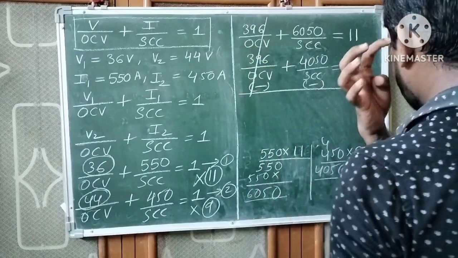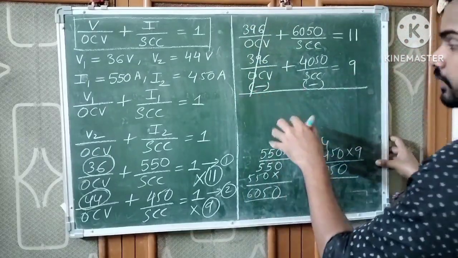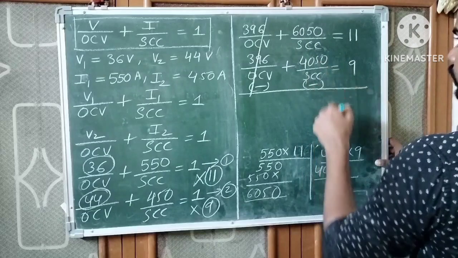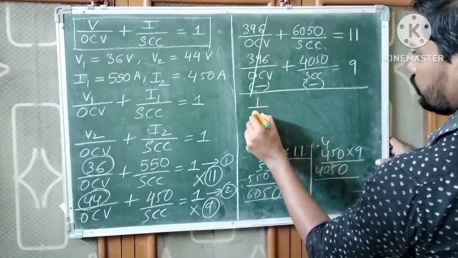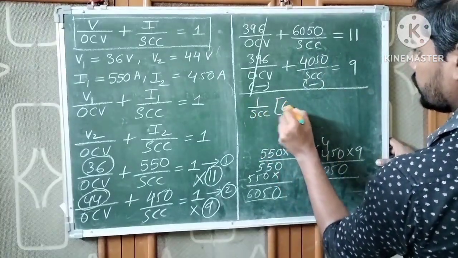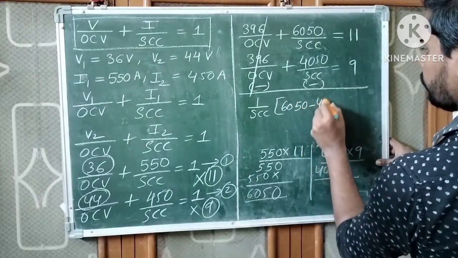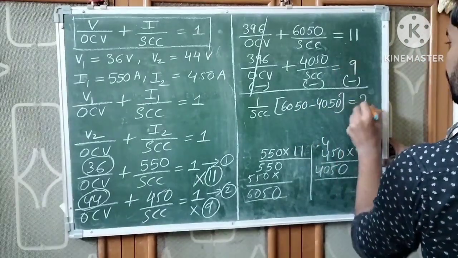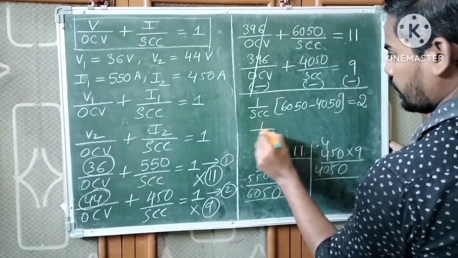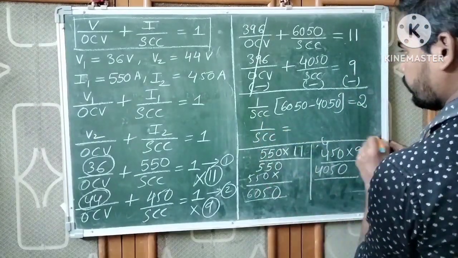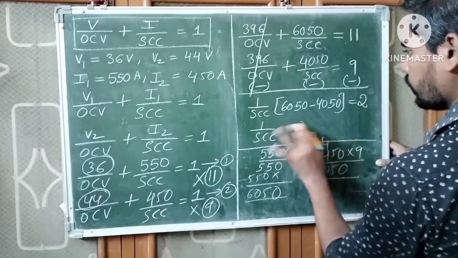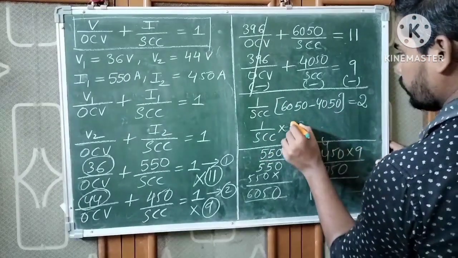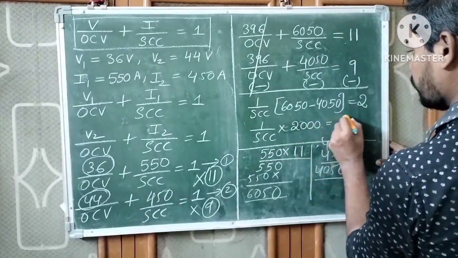So 396 by OCV and 396 by OCV get cancelled. Now 6050 minus 4050 is 2000, and 11 minus 9 is 2, so 2000 by SCC is equal to 2.